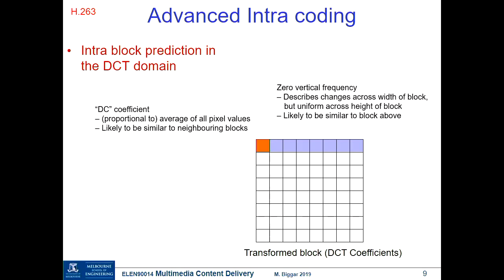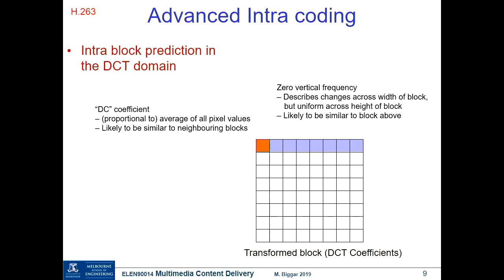However, we can remind ourselves that along this row here, this represents increasing horizontal frequency in this direction, but zero frequency vertically.